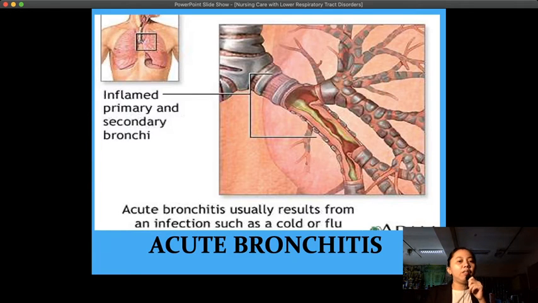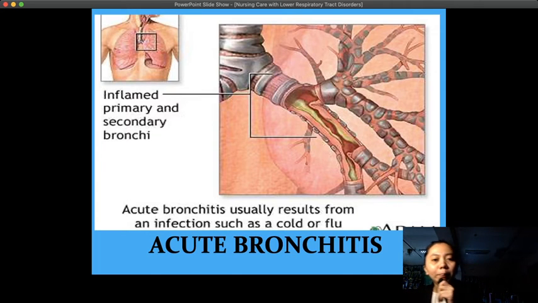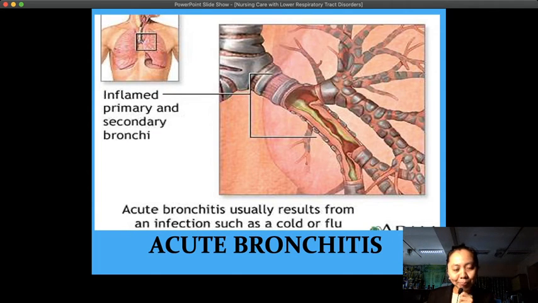So, acute bronchitis. These are inflamed primary and secondary bronchi. Acute bronchitis usually results from an infection such as a cold or flu. Amo itong natatabo haim bronchi pag may acute bronchitis.